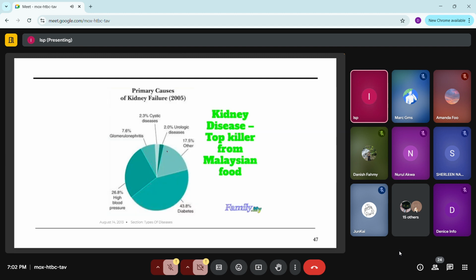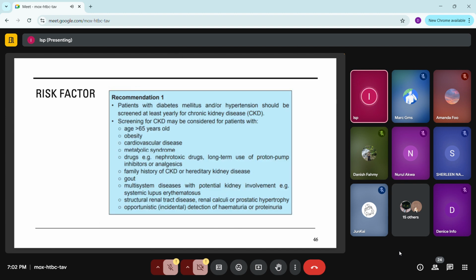And another thing not to forget is actually drugs, especially elderly that are taking traditional medication or NSAIDs, like diclofenac, over-the-counter painkillers. Those are one of the killers for the kidney as well. They are taking them a lot for non-specific joint pain, gout, or muscle pain.